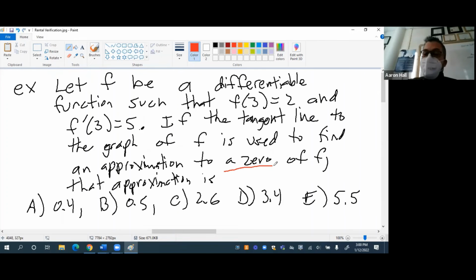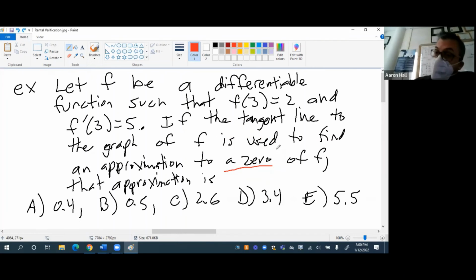What does this mean, a zero? It means the same thing as a root. What is a root? Does anybody remember this from last year in secondary math 3? Where y is 0. If it's a real number, it's also an x-intercept.